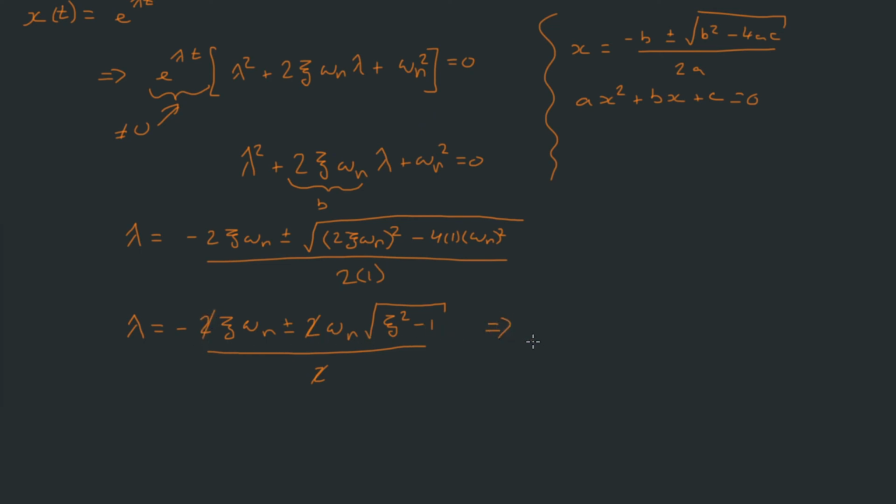This gives our final solution: lambda is equal to minus the damping ratio times omega n, plus or minus omega n times the square root of the damping ratio squared minus 1. So this is our final solution of our characteristic equation.